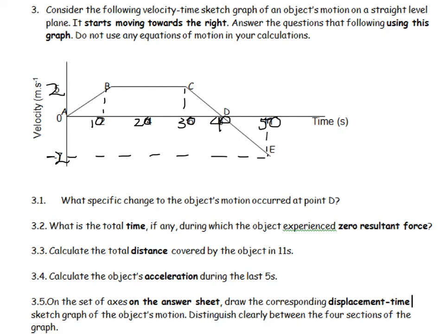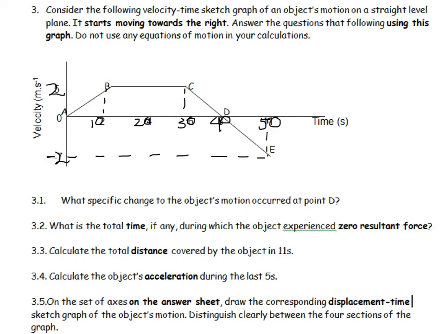So we need to take a look at this velocity time graph, and it's always on a straight road when we're dealing with these graphs because we deal with rectilinear motion. What specific change to the object's motion occurred at point D? Let's think about what has happened in this graph altogether.